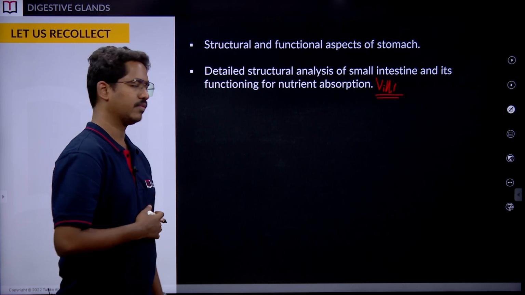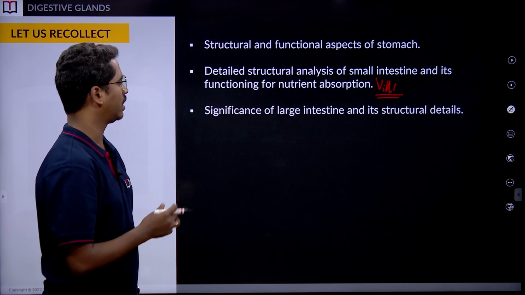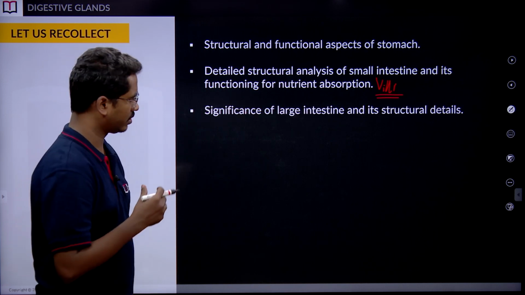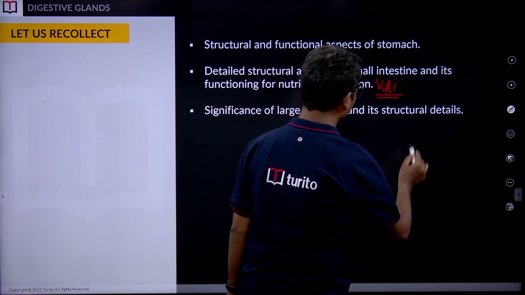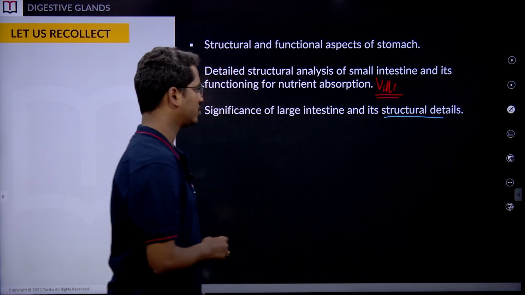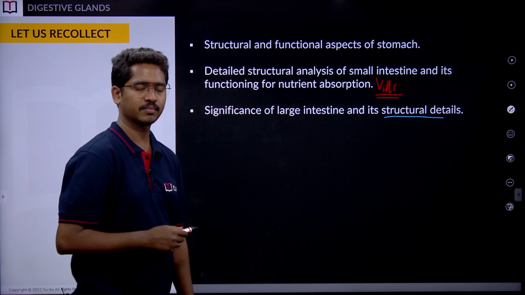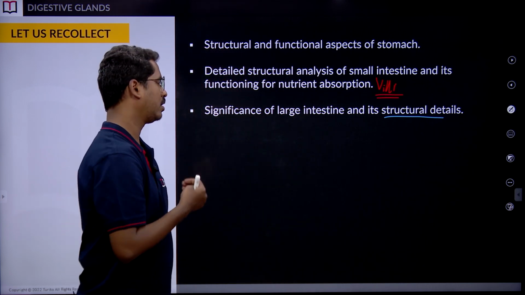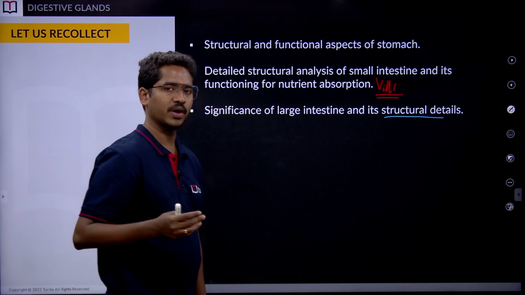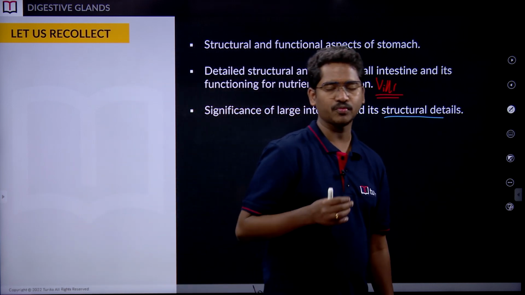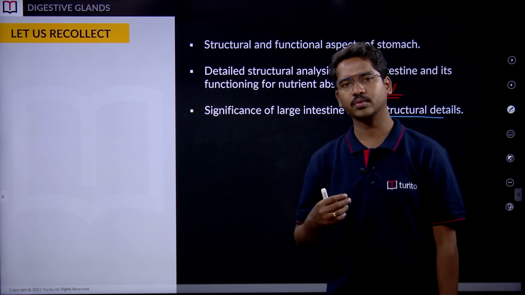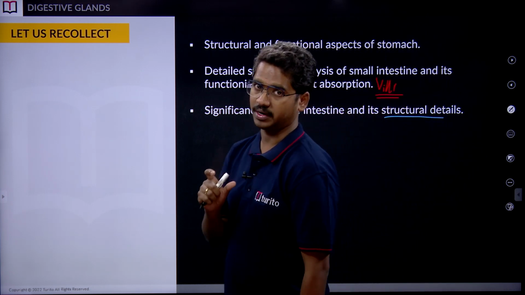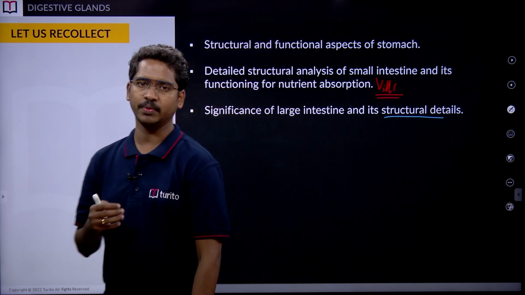Once done, we continued with the topic of large intestine. What is the need of the large intestine, why is it needed, how it is functioning, those were the details we understood. So, that was all about the different parts of our alimentary canal. For the past 2 sessions we have been looking into the different parts of the alimentary canal.